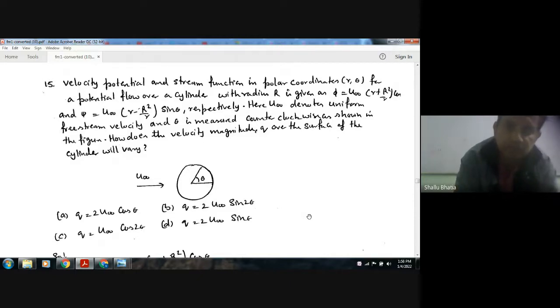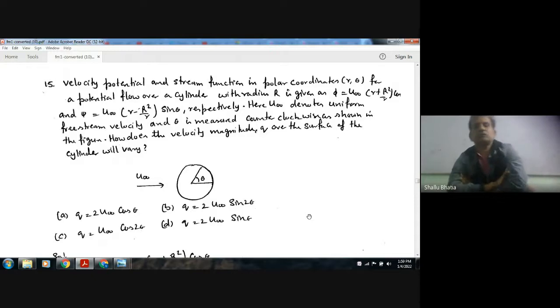Here U∞ denotes the uniform free stream velocity and θ is measured counterclockwise as shown in the figure. How does the velocity magnitude q over the surface of the cylinder vary? Option A, q = 2U∞ cos θ; B, 2U∞ sin θ; C, U∞ cos θ; D, 2U∞ sin θ.